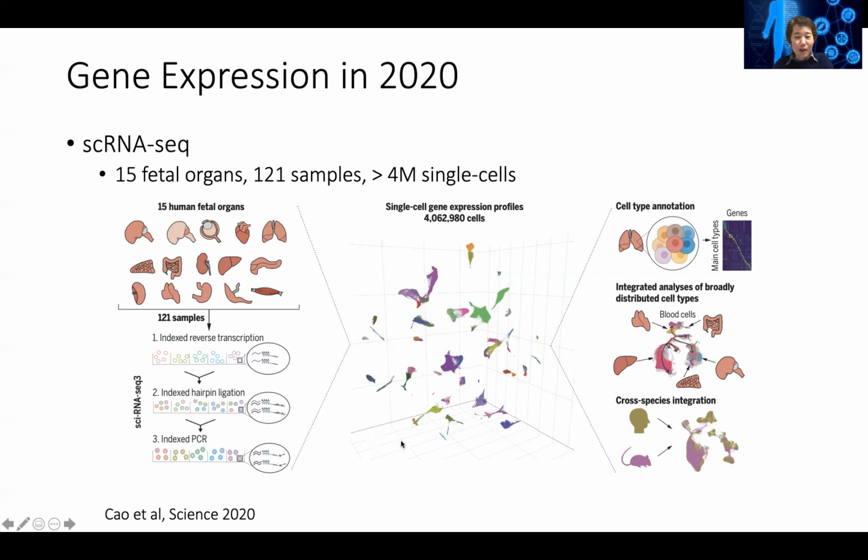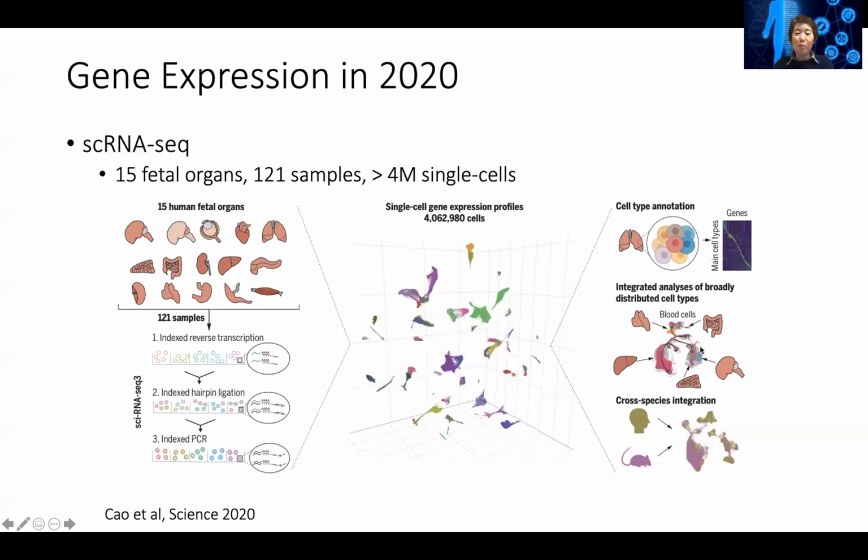And using this approach, they were able to sequence over 4 million single cells. It's really mind-boggling. It's over 4 million cells. Each cell, they can reach hundreds and thousands of genes. So it's like a tremendous data matrix. And based on that data, they can cluster the cell types and also cluster the different tissues and organs, and then figure out how different types of cells in different organs are expressed and how they interact with each other in development.